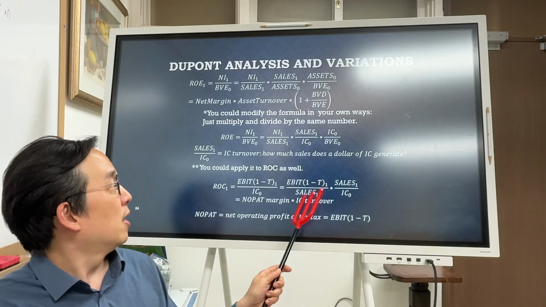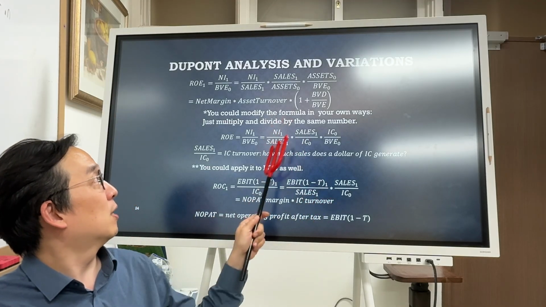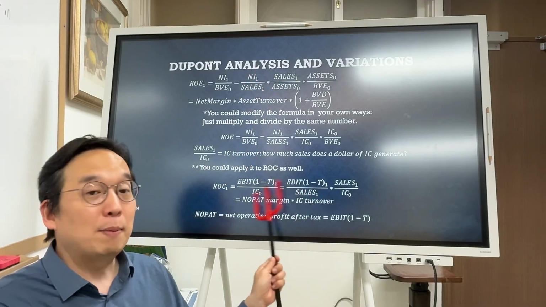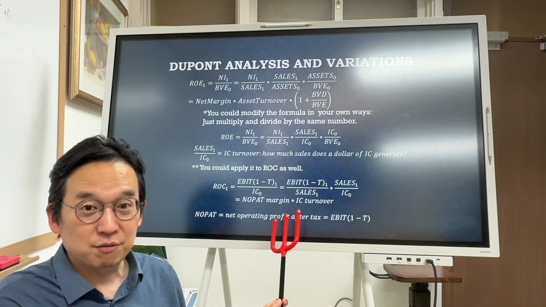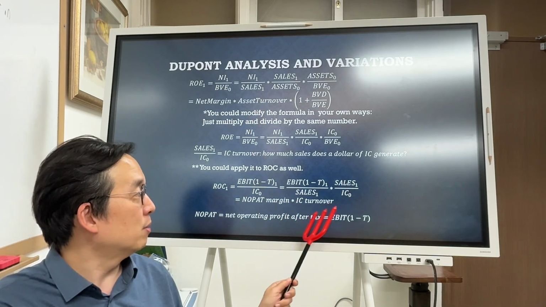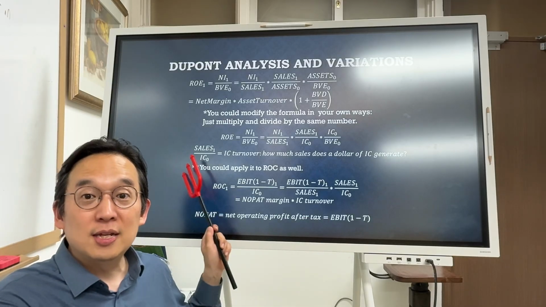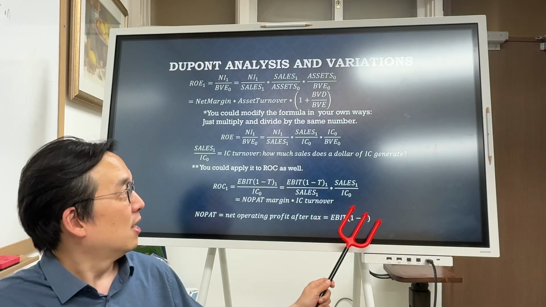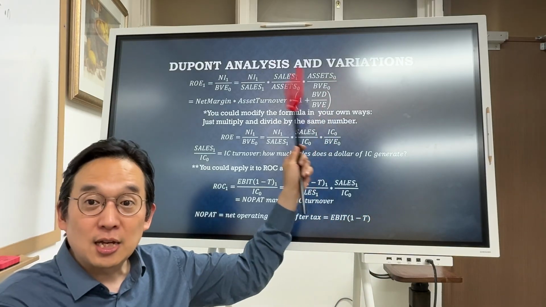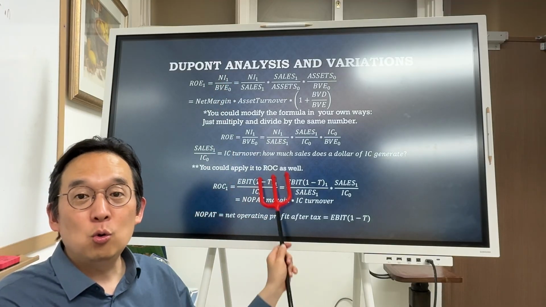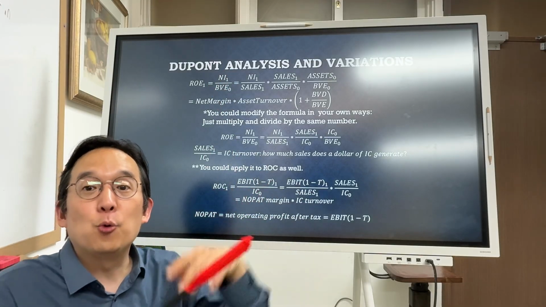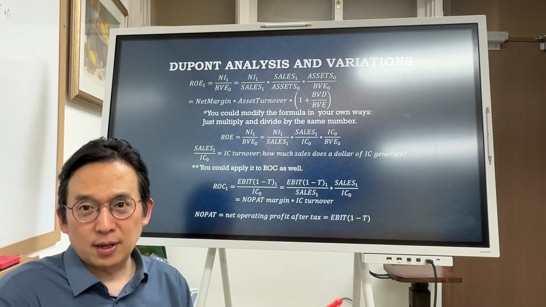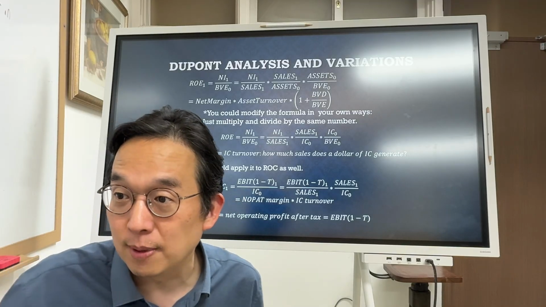So this one will give you the same idea as the margin. Brand equity, you will have higher NOPAT margin, either net margin or NOPAT margin, right? And then the second item will be about the turnover. But in this decomposition, you will not have leverage ratio because it's not about just the equity side, but about the whole return, total return to both investors as a whole. So the leverage, we don't care about it over here. So that's one thing to notice, by the way.